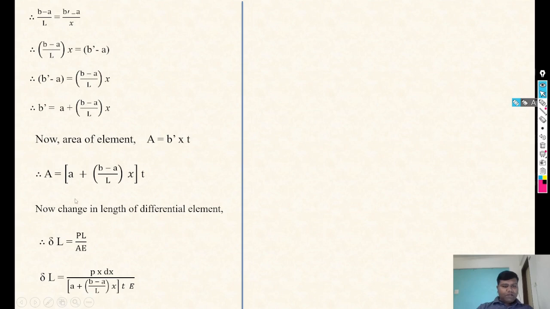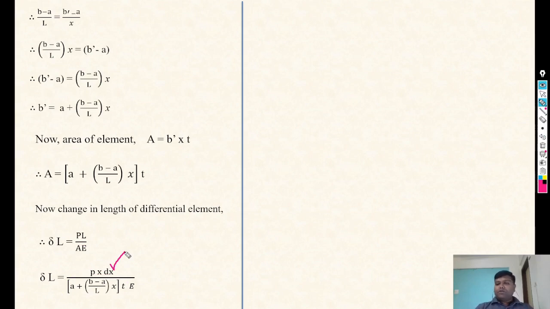A we have just calculated over here: (a plus (b minus a) by L into x) into t. This is our total area, the area of the section, and E as it is. Now here we can see dx is there, and we have applied this formula on the small element.